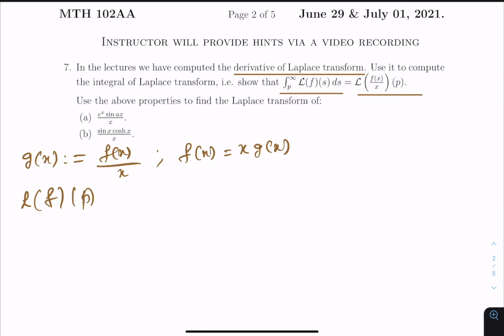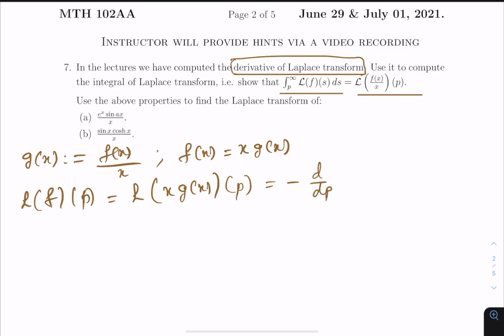The Laplace transform of f is nothing but the Laplace transform of x g(x). But we know from the lectures that the derivative of Laplace transform is nothing but multiplication by polynomial, which is the case here. So x is multiplied, so this is minus the derivative of the Laplace transform of g. This is what we have from this formula.